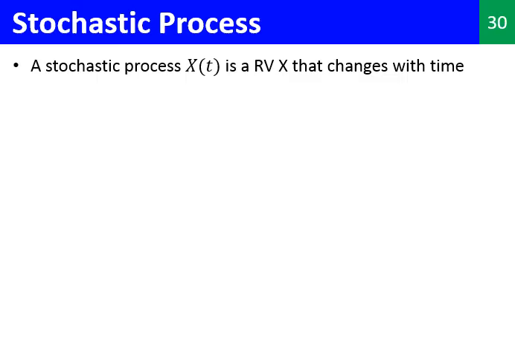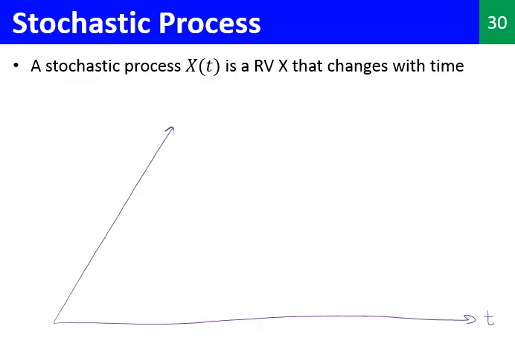So if we have the time axis t, and at t equals t1, we may have a PDF for x. So this is x(t1), and let's take the PDF to be something like this.